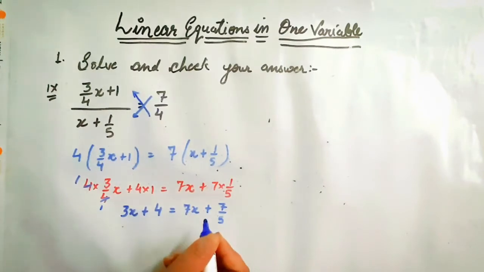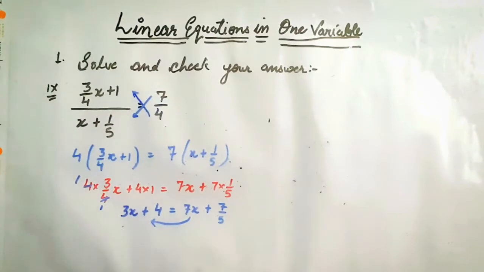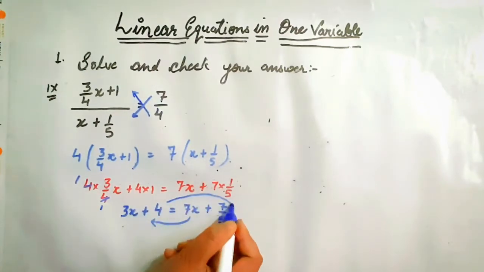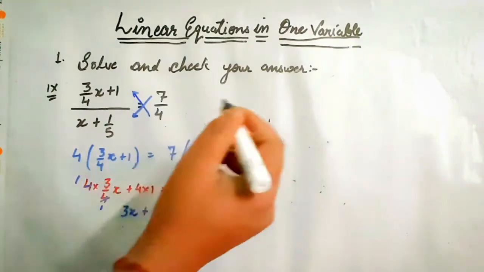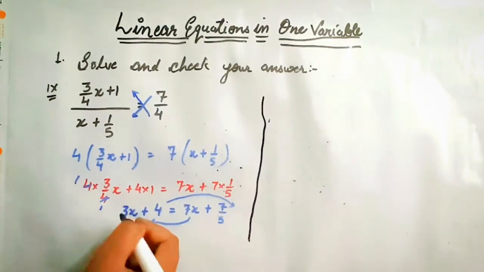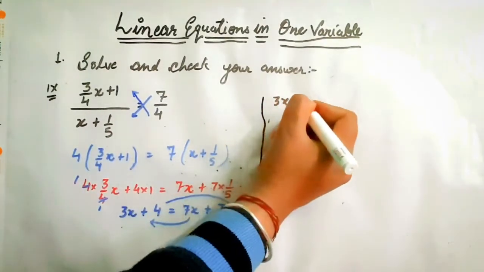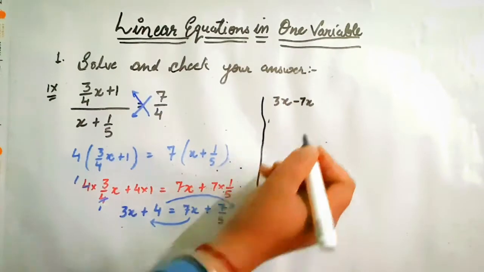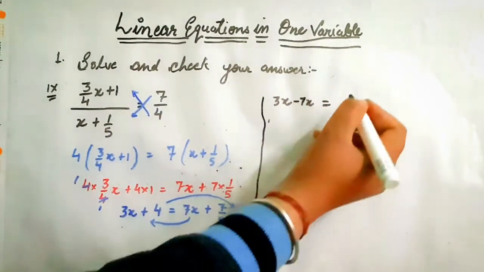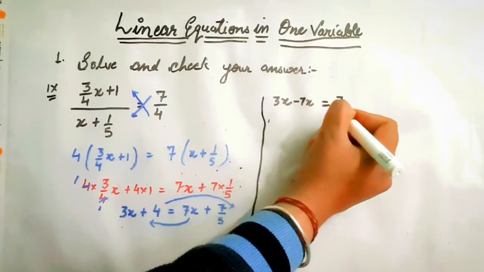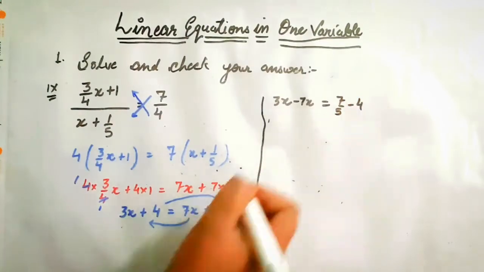Now transpose the like terms. Bring 7x to the left side, take 4 to the right side. Let us see what will happen. So on the left side 3x as it is, then minus 7x equals, take 4 to the right side, 7 upon 5 as it is, 4 is positive so it will become negative, minus 4.